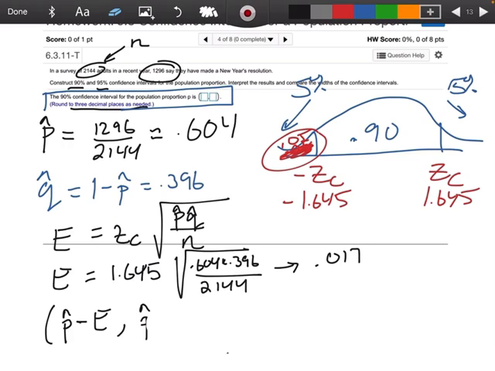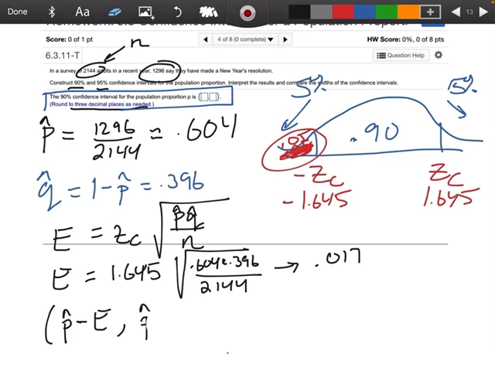Now I'm going to do the same thing we did a little while ago, but for the 95%. Remember, my p-hat is still 0.604, my q-hat is still 0.396, and my n is still 2144.